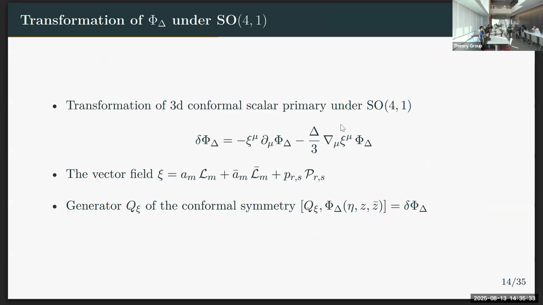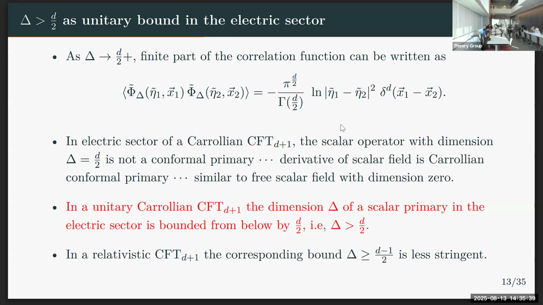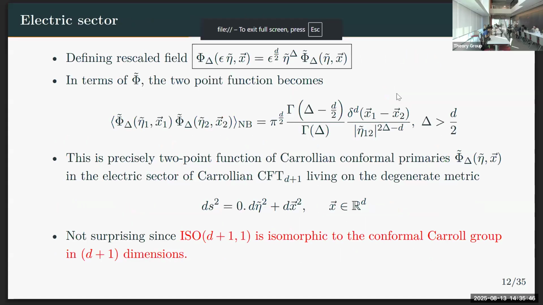Won't spend too much time on this, but if I want to calculate how this pi delta tilde transforms under the Poincaré group, I can just use the near boundary limit of the transformation of the conformal primary, and that will give me this derivation.